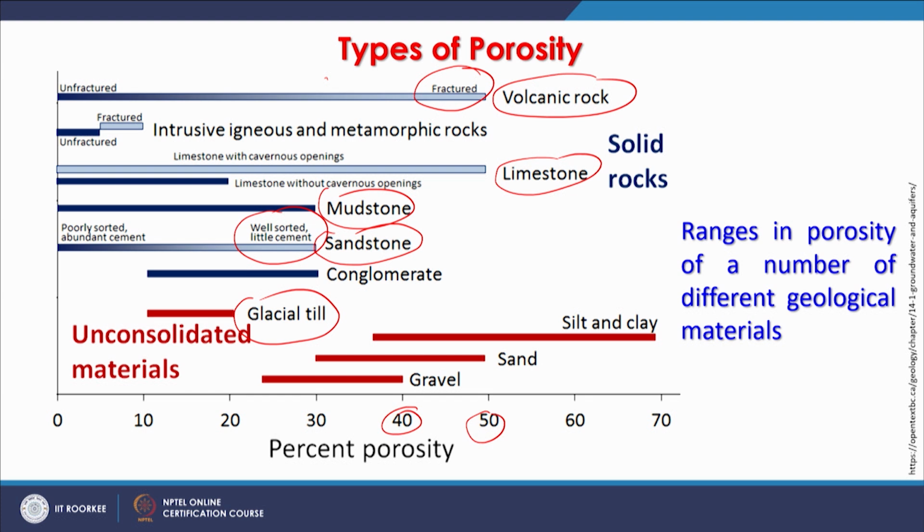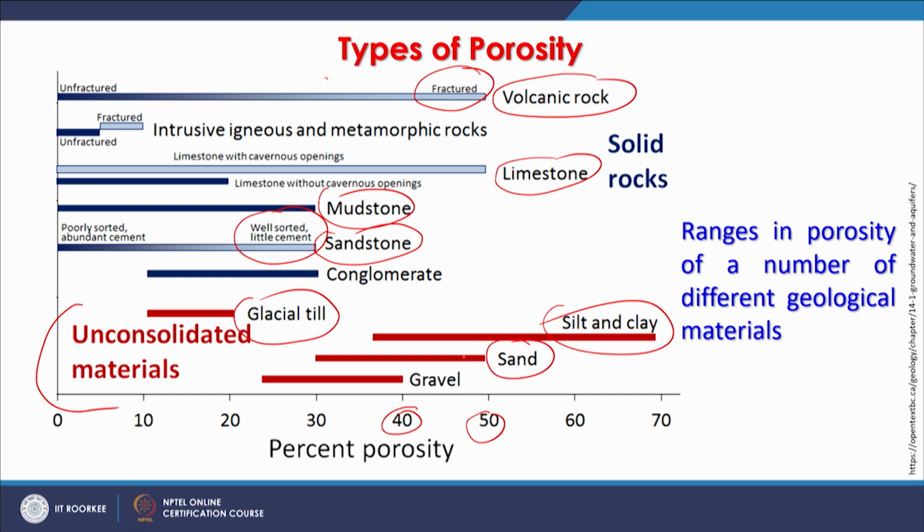In case of conglomerate, I gave an example just a few seconds back, a conglomerate relatively has higher porosity, because you may not have good cementation and the grains themselves might have sedimentary origin. And then there are unconsolidated materials, loose sediments. Silt and clay may have even up to 70% porosity, but again repeating, high porosity does not mean that it will allow water to flow from one end to another.